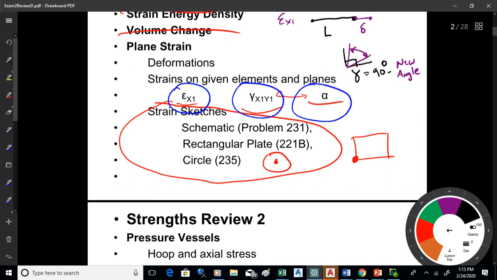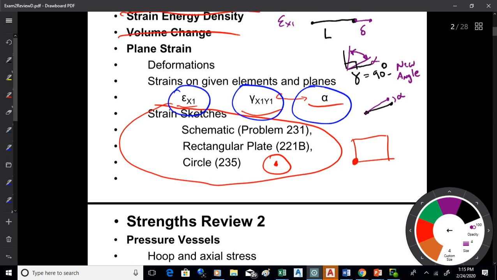Now alpha: if you have a line at a given orientation and then some deformation occurs and the line rotates a bit, alpha is that little angle there. So essentially on this sketch there's an alpha there and what we call beta there.